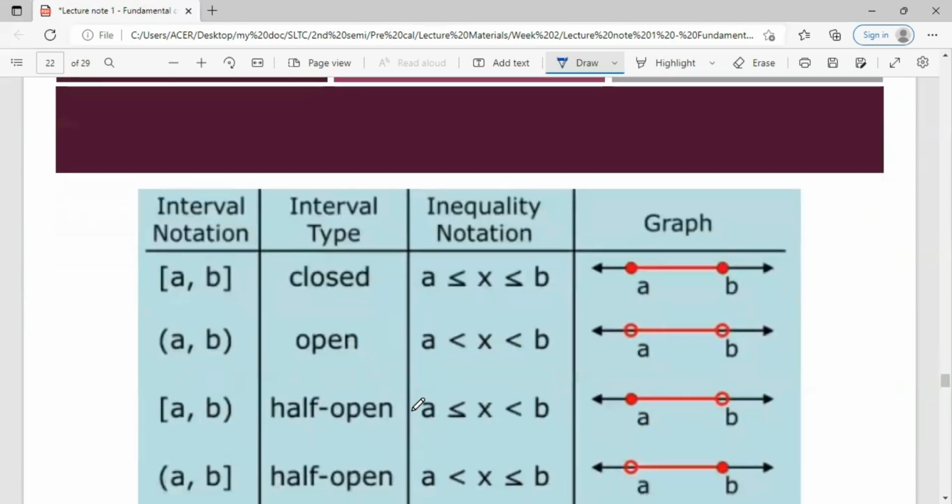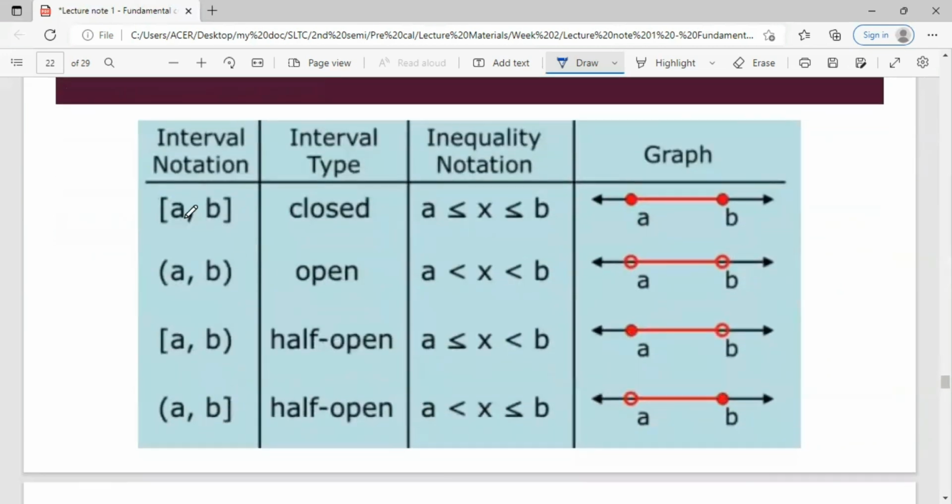Okay, but before that, here you can see the interval notation, the earlier one, a b. So the interval type is closed, with this inequality notation, and in the graphical way, if this one is included, if a is less than or equal, then normally we draw a circle and color it, right?